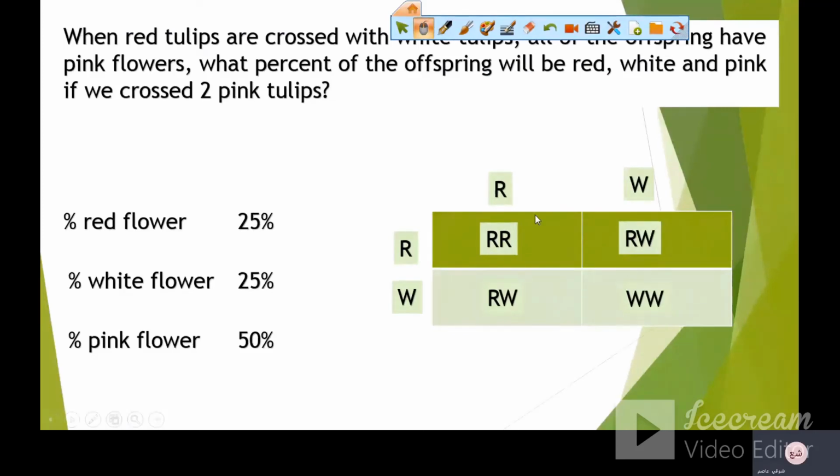You will find the red is 25%, the white is 25%, and the two are pink, so the percentage of the pink one is 50%. This is incomplete dominance.